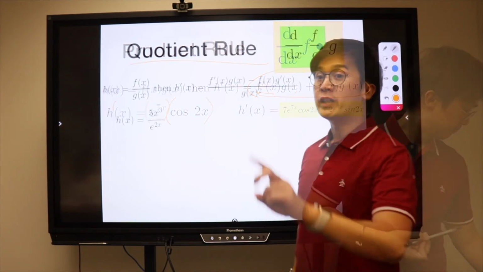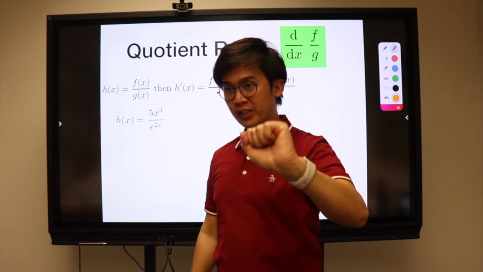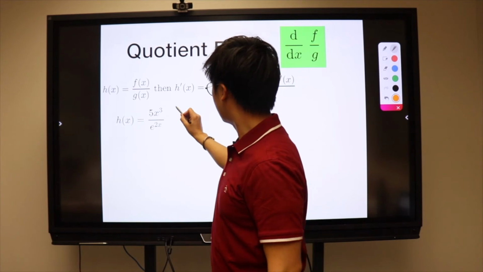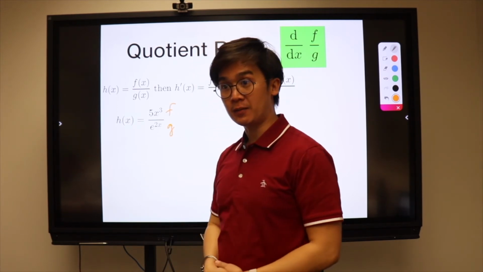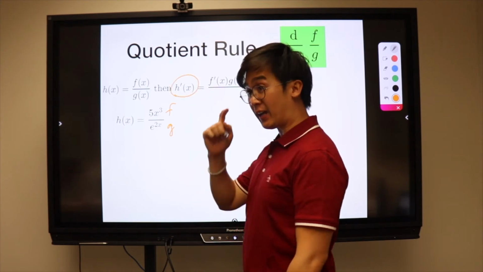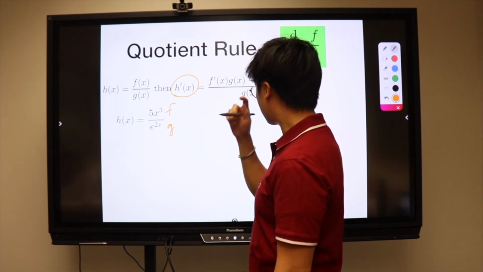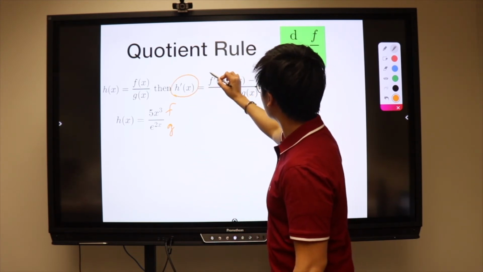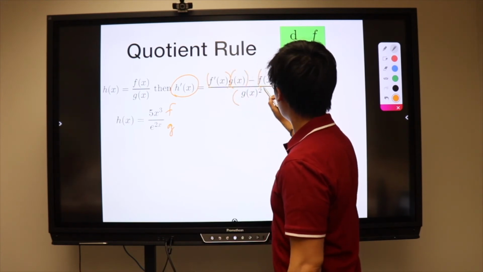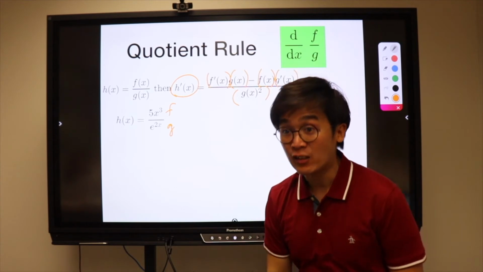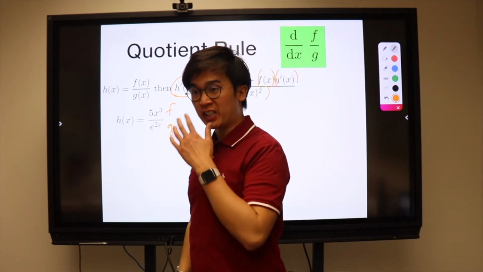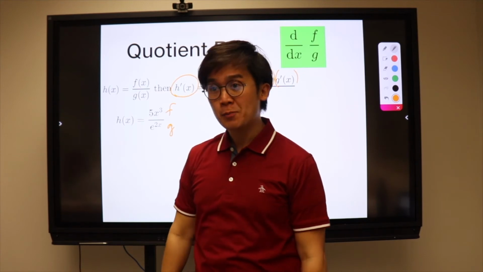You need to have two functions, f and g. F and g will be obvious. Now to find the derivative of h of x, you need this, this, and this in that order. So you have your f, you have your g. Let's find f prime and g prime.